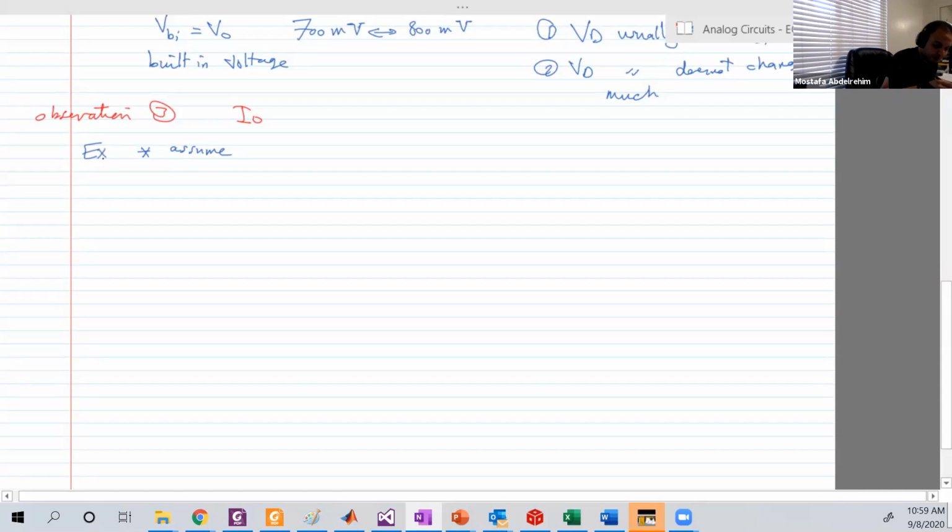This is another example. Assume VD is equal to minus 10 volt. Calculate ID. So ID equals I naught times e to the power of minus 10 over 26 millivolt, which is 0.026, minus 1.